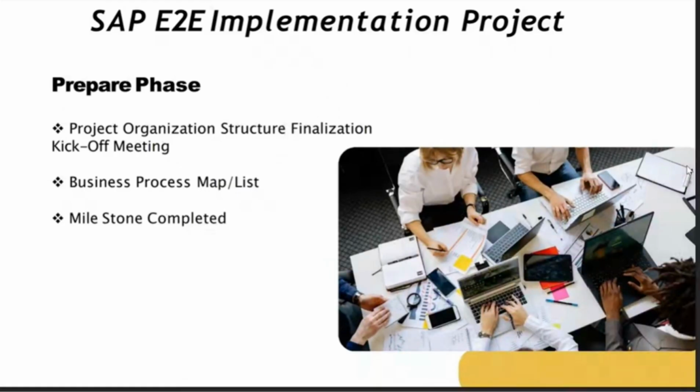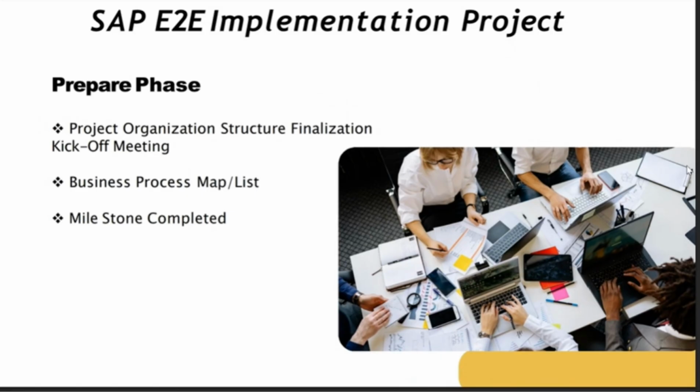As we discussed in the scope document, let's say they have P2P procurement: stock procurement, subcontracting procurement, import procurement, stock transfer, intercompany stock transfer procurement, intra-company stock transfer procurement, plant maintenance material procurement, plant maintenance service procurement, project system material procurement, project system service procurement, and consignment procurement, right?